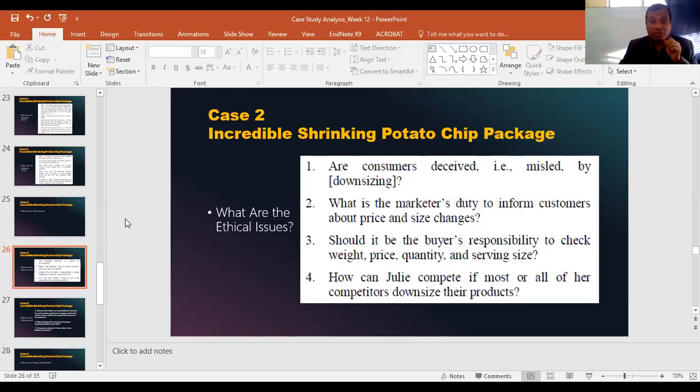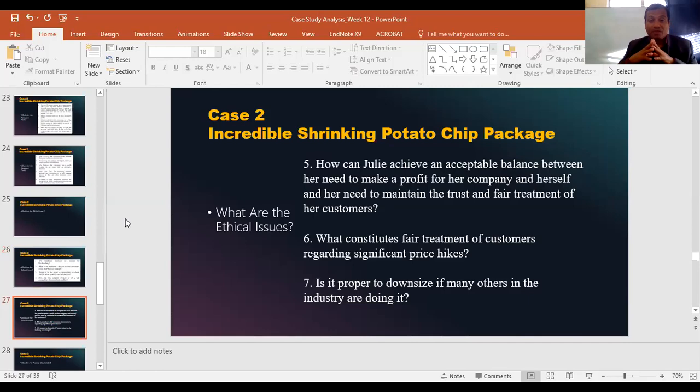So with that note, we have a few more. As I said, as a marketeer, you need to think from different aspects. The fifth one: how can Julie achieve an acceptable balance between her need to make a profit for her company and herself, and her need to maintain the trust and fair treatment of her customers?